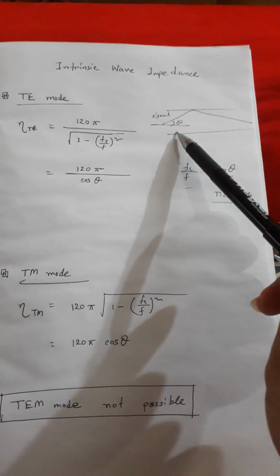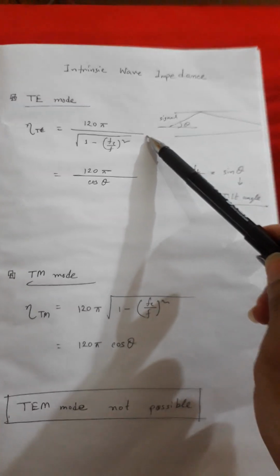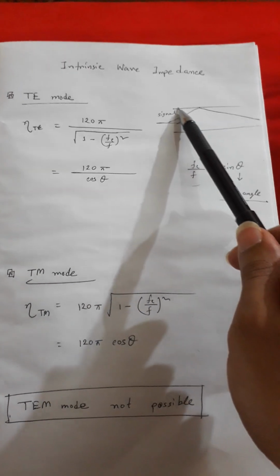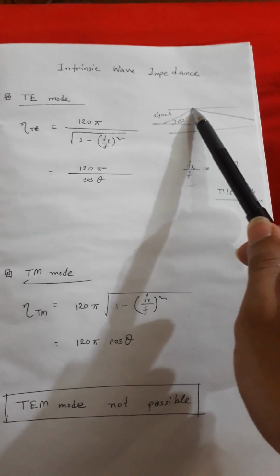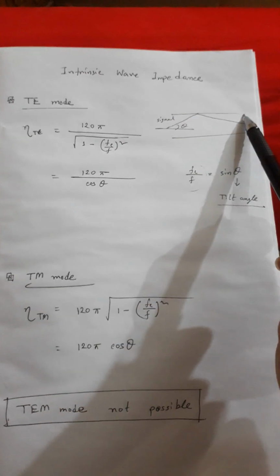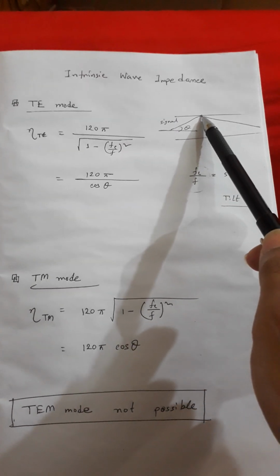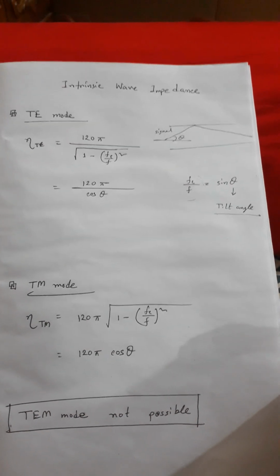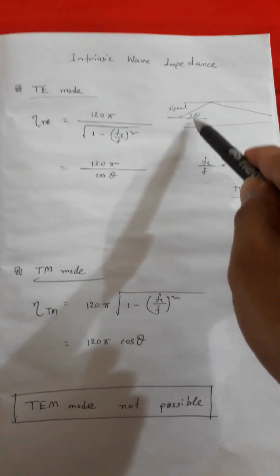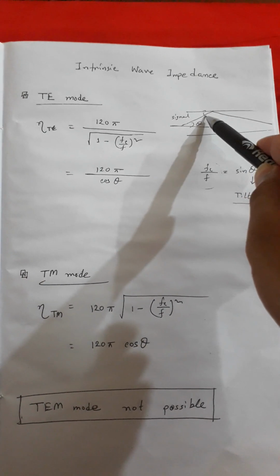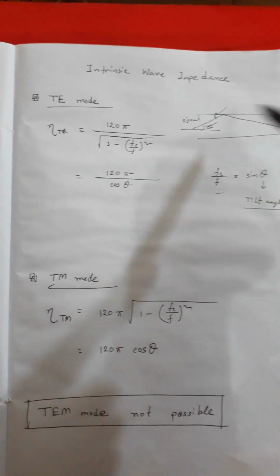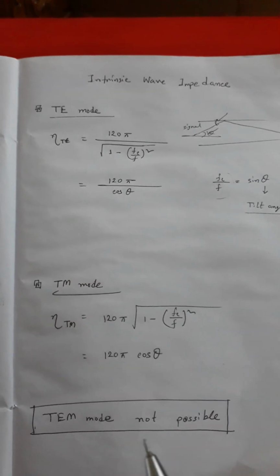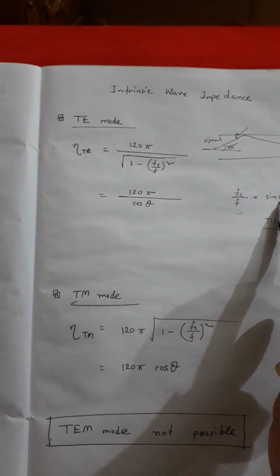If it's a parallel plate and the signal is passing through this line and reflecting from the wall, the tilt angle is theta. And as these two lines are parallel, this angle and this angle are the same, so it's theta, and fc divided by f is equal to sine theta.